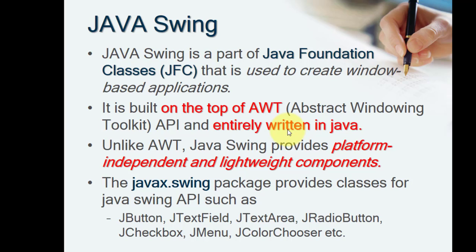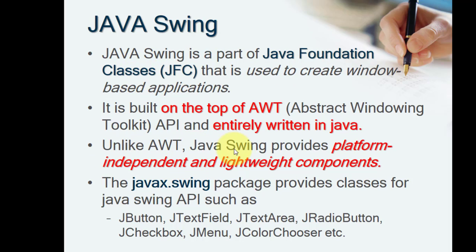So in the Swing package there is no class written using native coding, that is native system related coding, or code which depends on your underlying OS. That code is not available in Swing, that code is available in AWT, and in Swing the classes are entirely written in Java. So they are pure Java classes.